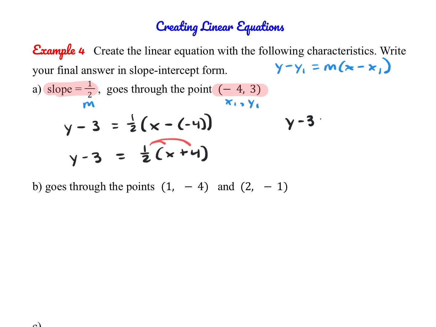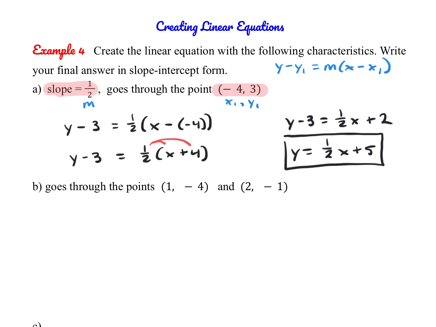So y minus 3 equals 1/2 x plus 2. And then I'm just going to add 3 to both sides to get y equals 1/2 x plus 5. And there you go. So although we typically like to write our final answer in slope-intercept form, again, when we're making an equation, I'd like you guys using point-slope form to do so.